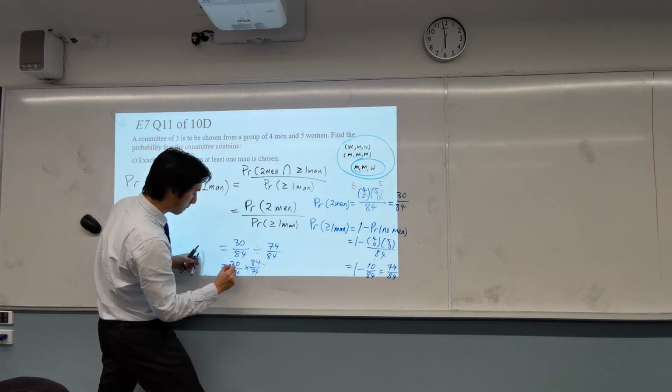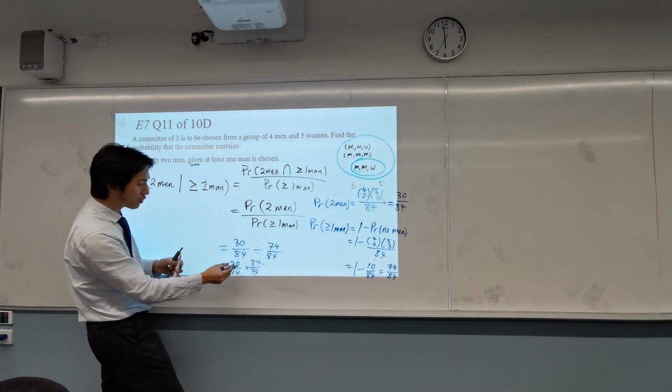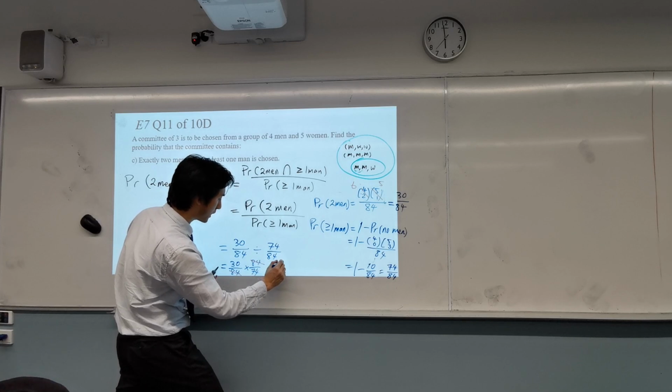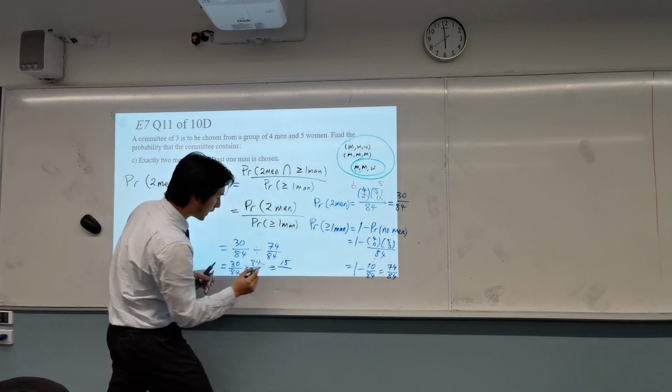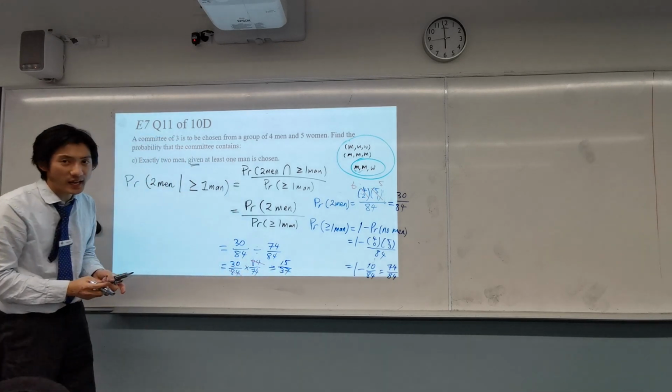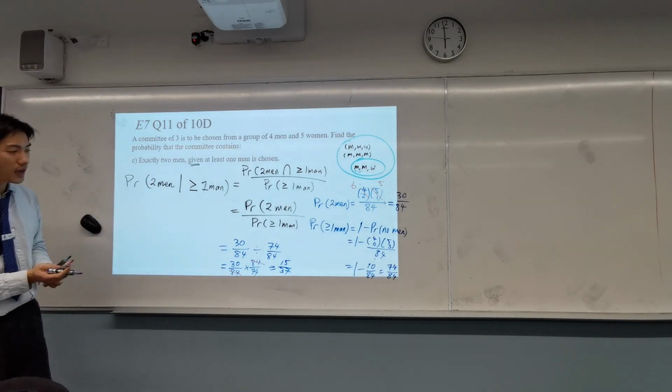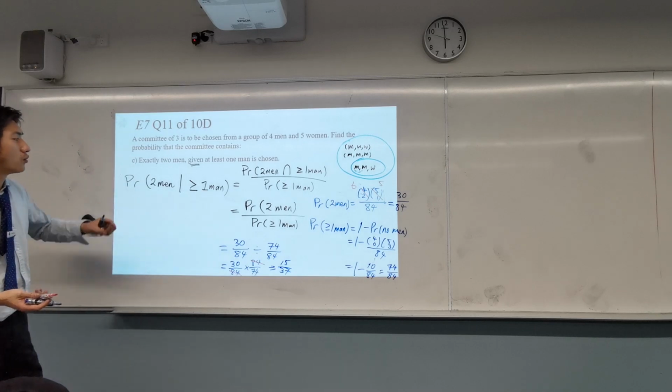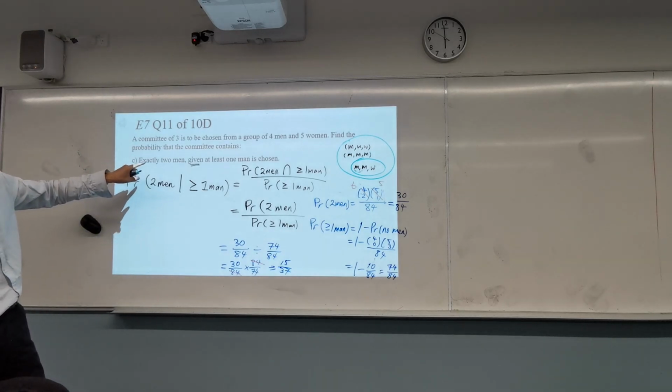Common factors go away. And then 30 and 74 cancel to become 15 and 37. And that's our answer.